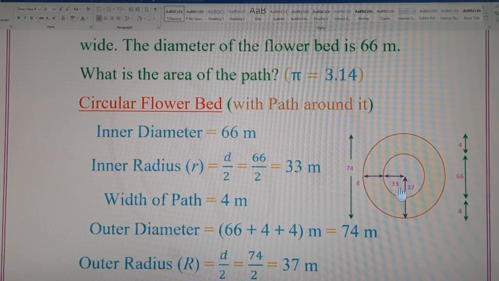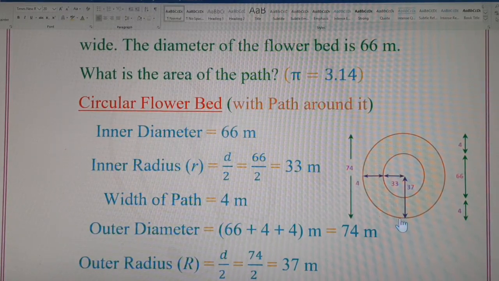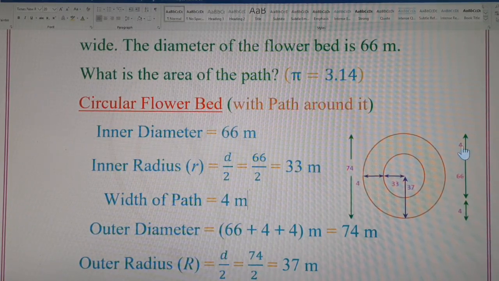So the internal region is 66 meter length as the diameter of the flower bed, and 4 meter as the width of the path on this side and the width of the path on the other side. So the total length from one end point of the diameter to the other end of the diameter is 74, because 66 plus 4 plus 4.